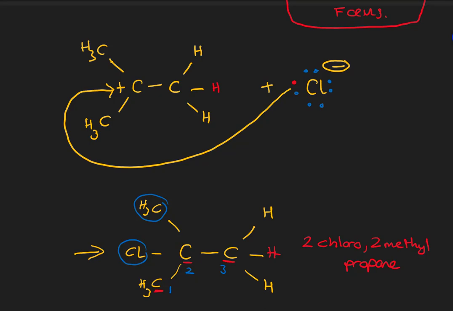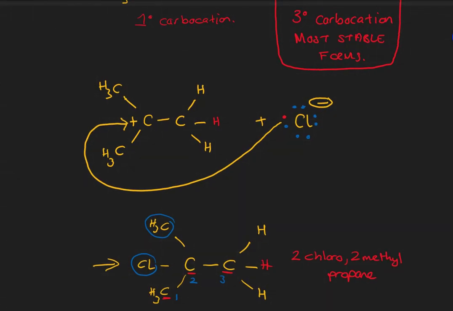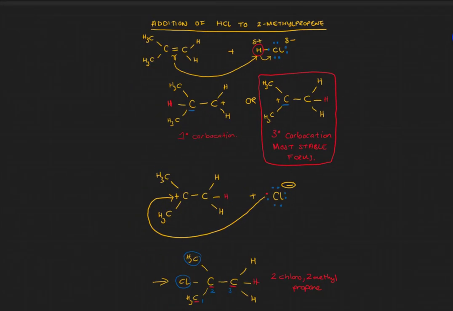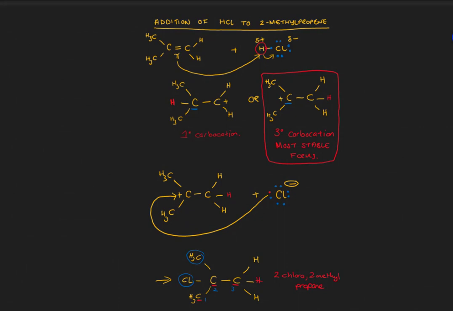So if we zoom out again, we can see our full reaction mechanism here. So again, we've started off with 2-methylpropene. We have identified where electrons are. We've identified what is more electronegative, what is more electropositive. We've shown the movement of electrons through our curly arrows. We've identified 2 possible carbocations that could be produced here, so which carbon the hydrogen is most likely to go to.